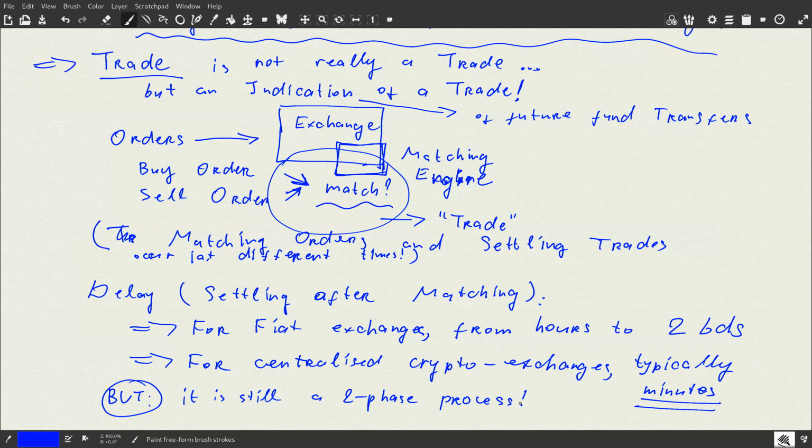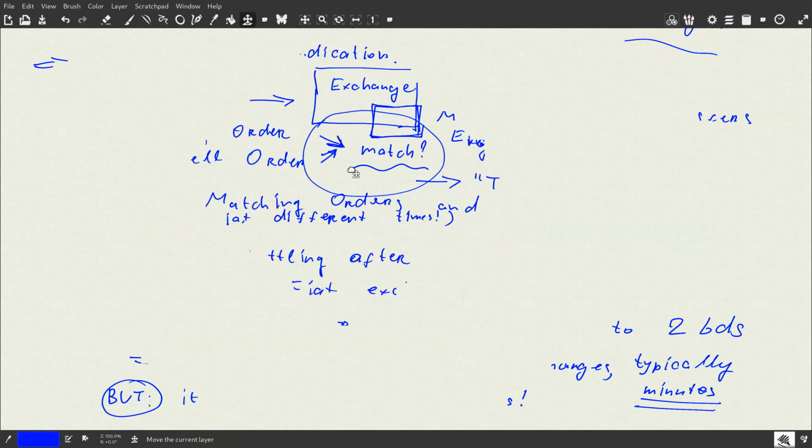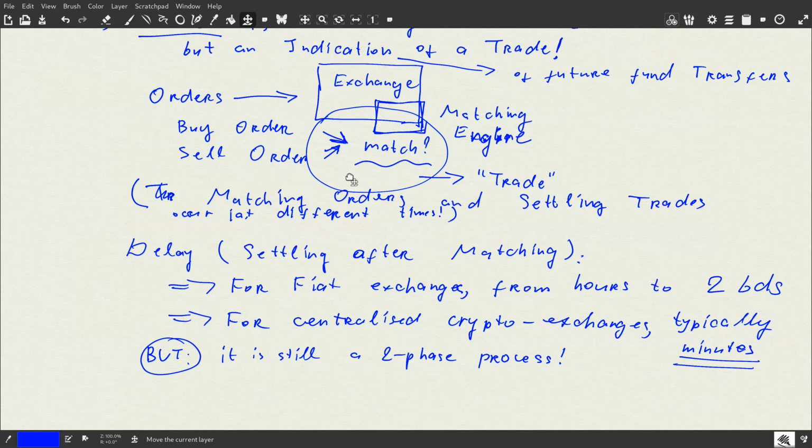But nevertheless, conceptually, trades are distinct from settling, and this is completely normal for classical fiat exchanges, but we can do better in the crypto world.